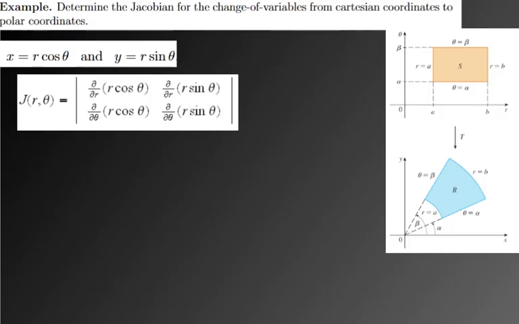All right. So I want to show you where this extra r in polar coordinates really comes from. So we're just going to determine the Jacobian for the change of variables from Cartesian to polar coordinates. x is r cos theta and y is r sine theta.